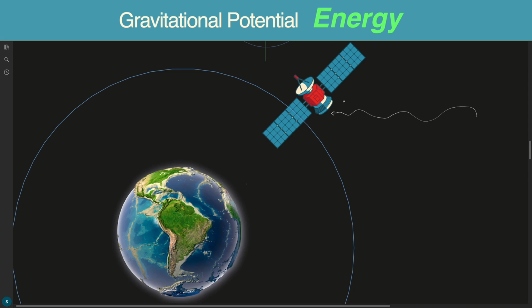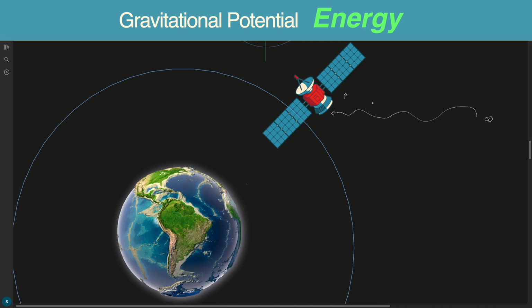The satellite is being driven from infinite distance to some particular point, let's say point P, inside the earth's gravitational field. What do I mean by the earth's gravitational field? It means the region inside the radius where we can experience the gravitational attraction force due to the earth. I have drawn a circle indicating the range of the gravitational force, outside of which we won't be able to experience it, although its value will not be exactly zero.